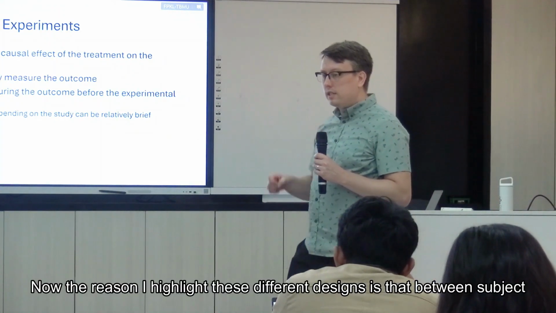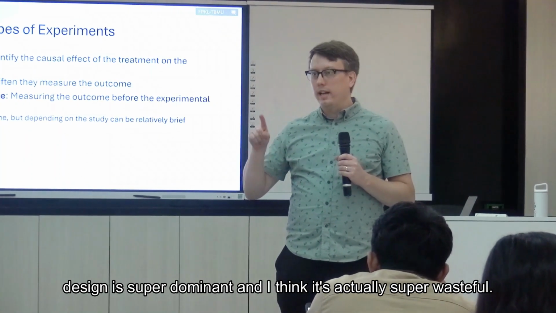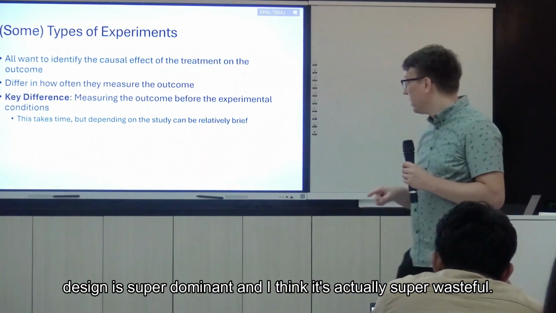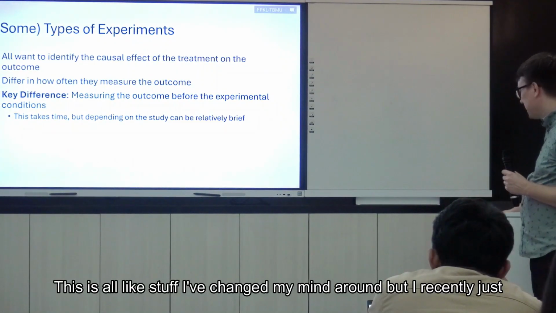Now, the reason I highlight these different designs is that the between-subject design is super dominant, and I think it's actually super wasteful. I didn't used to think this. This is stuff I've changed my mind about recently, just to be clear.